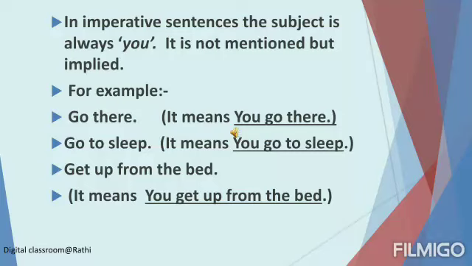Get up from the bed. We can't find any subject in these sentences, but there is an implied subject in all of them. How to read it? You go there. You go to sleep. You get up from the bed.